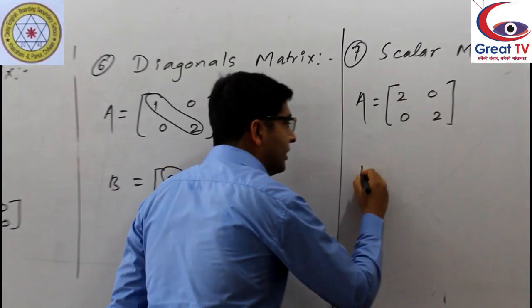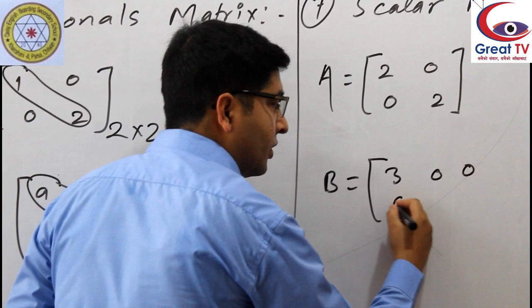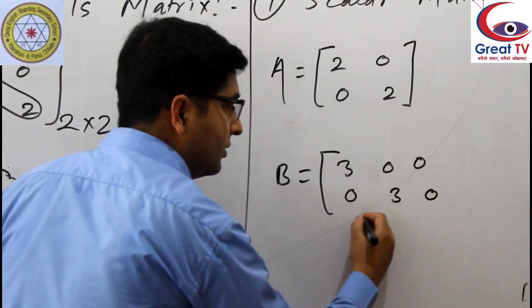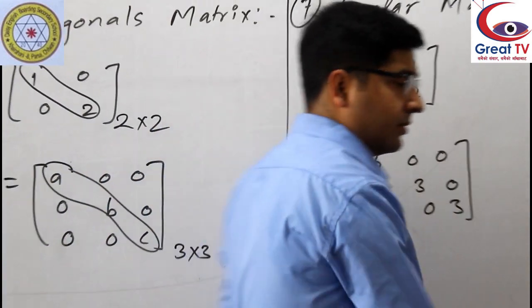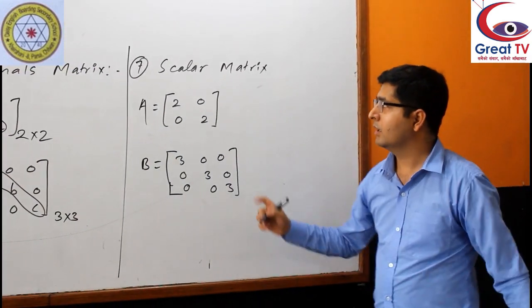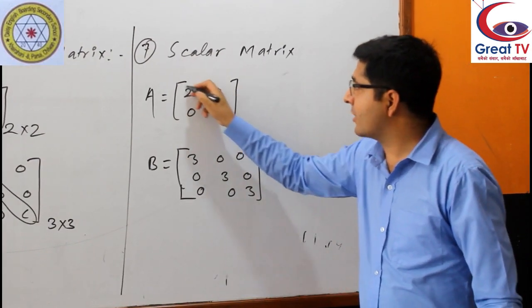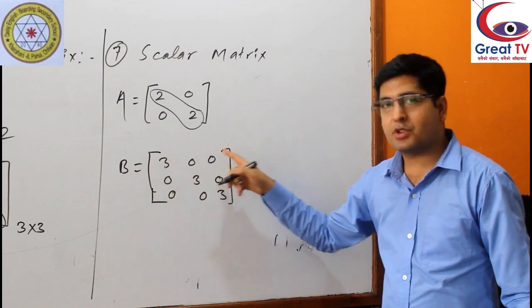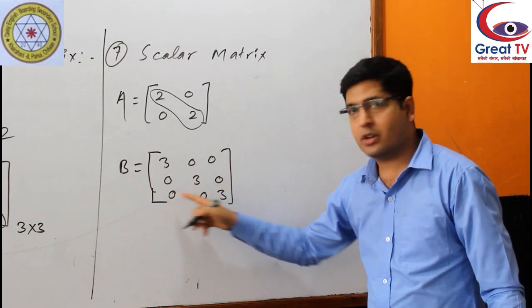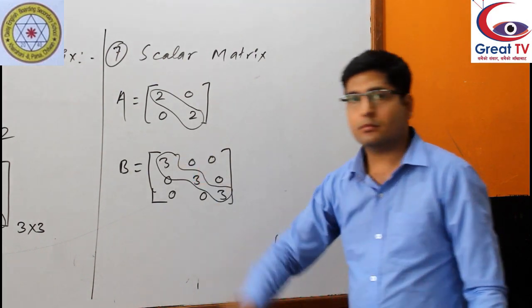The next example, B equals 3 0 0 0 3 0 0 0 3. Okay, you must know matrix A equals 2 0 0 2: its leading diagonal elements are the same. Then matrix B equals 3 0 0 0 3 0 0 0 3: also its leading diagonal elements are the same.